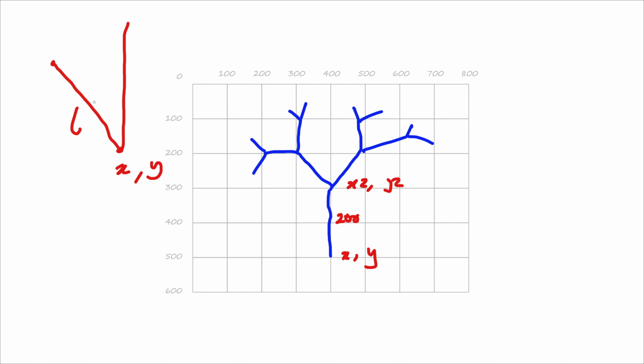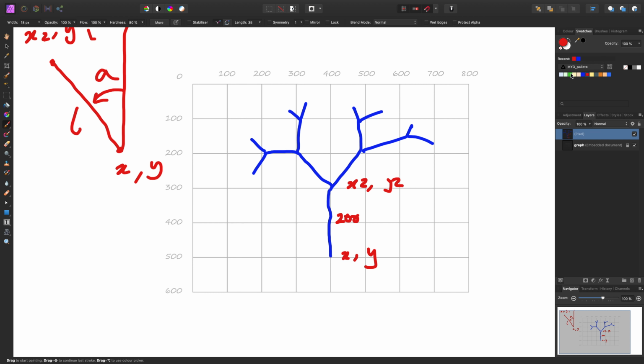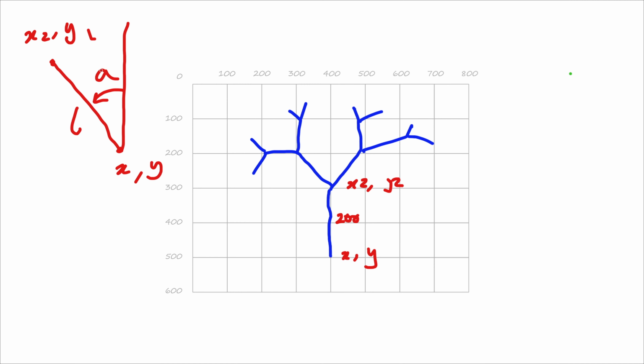So let's call that an angle, A. Now we need to work out what x2, y2 is. Can we do that? We can, because we can use trigonometry to work out these distances that I've just coloured in green.